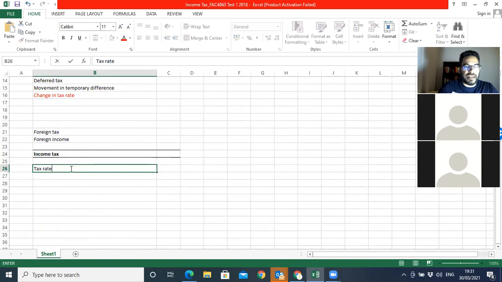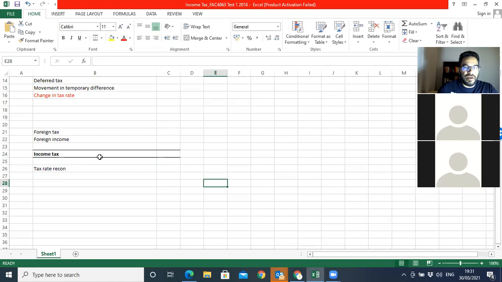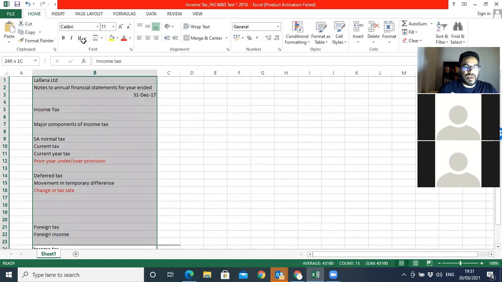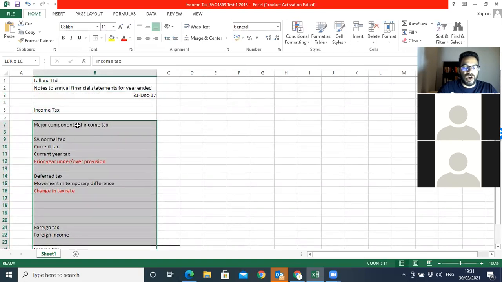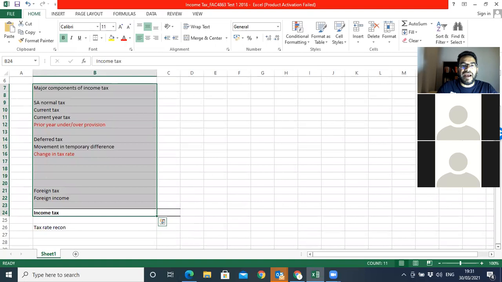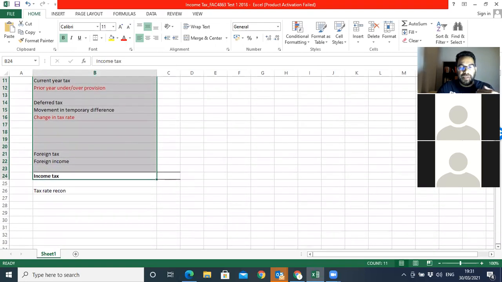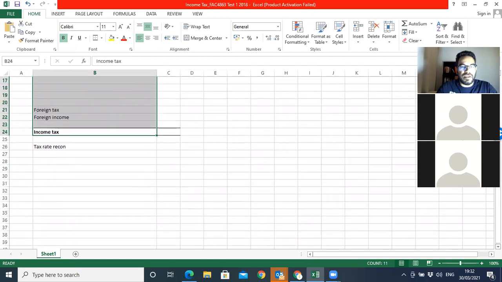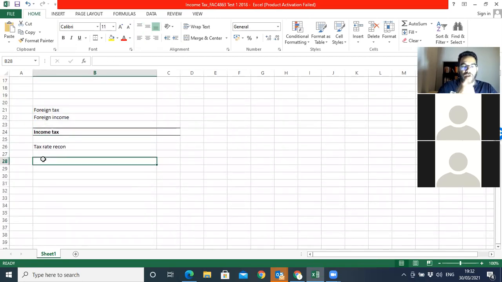Then the next is the tax rate recon. This one covers the disclosure of paragraph 79 and paragraph 80. Now we are doing paragraph 81C, but more specifically, paragraph 81C1, and we're going to do the tax rate recon.